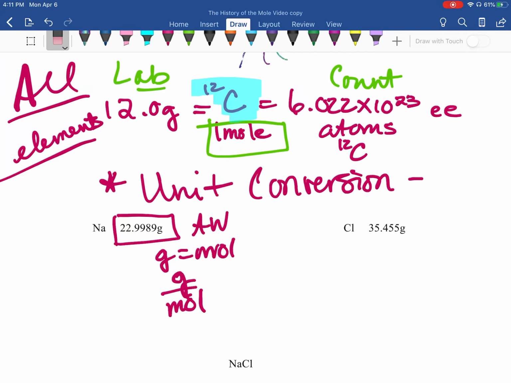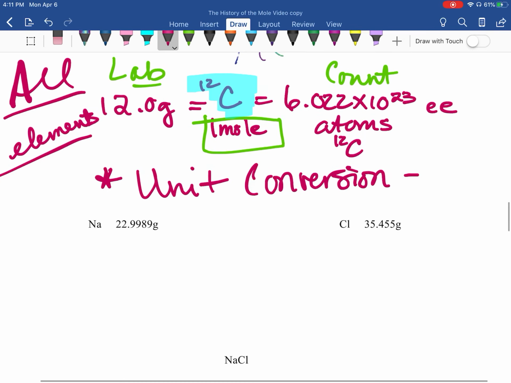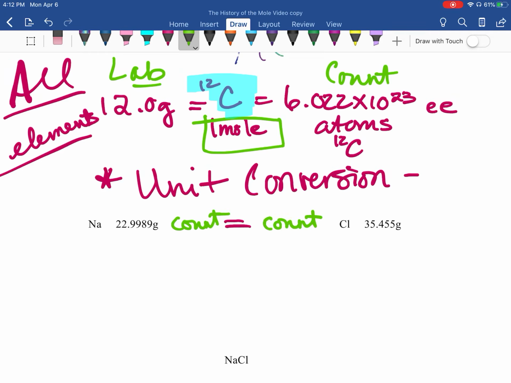You now have grams in a mole for every one of them. This is genius because remember, all of our elements are different. They all weigh different. So in order to have the same number or have our count of sodium equal our count of chlorine, which we know we need from our unit 2 bonding, we have to have 1 and 1.